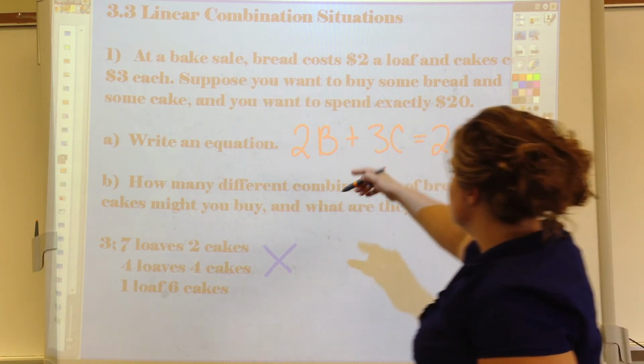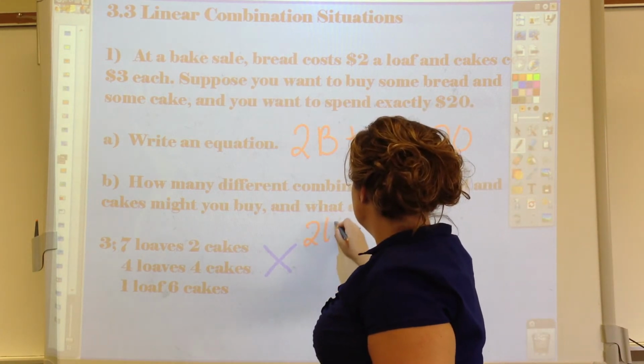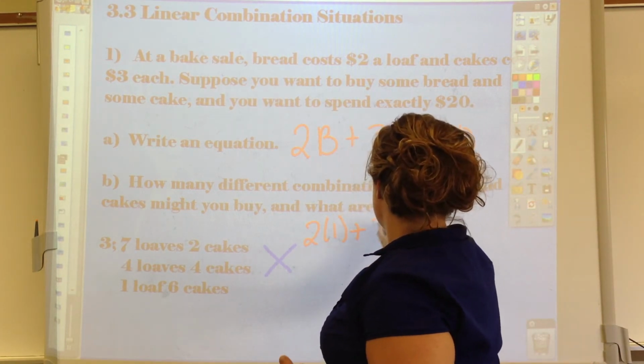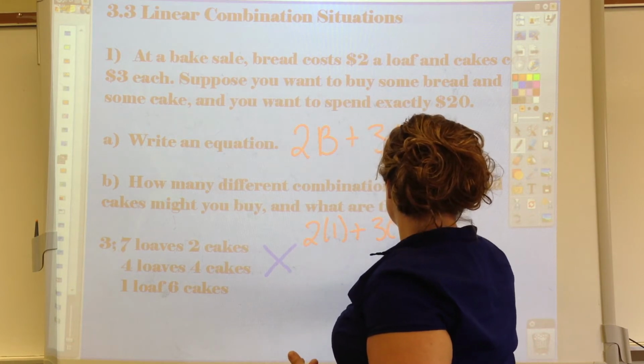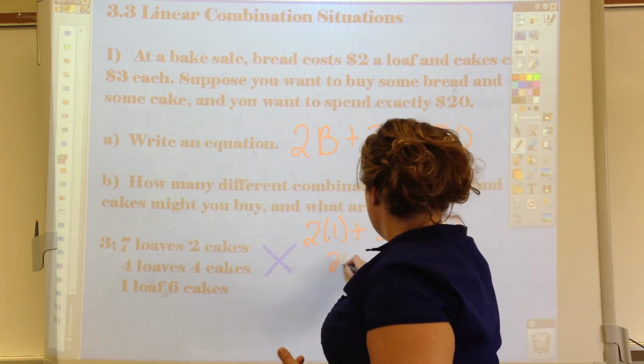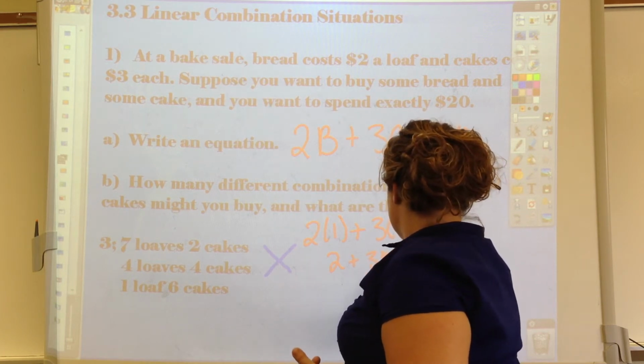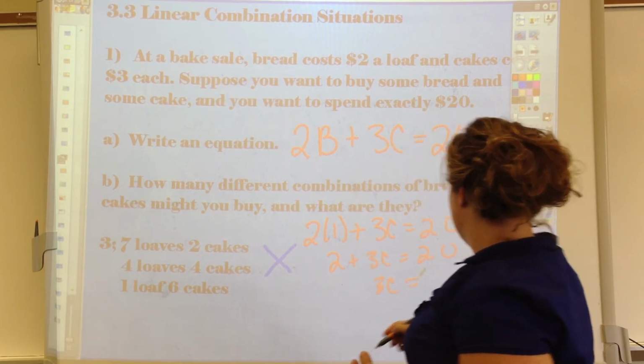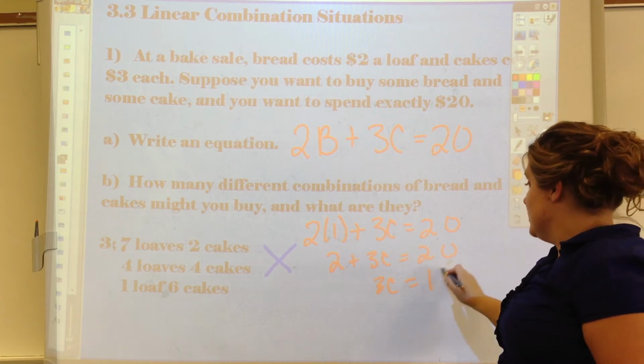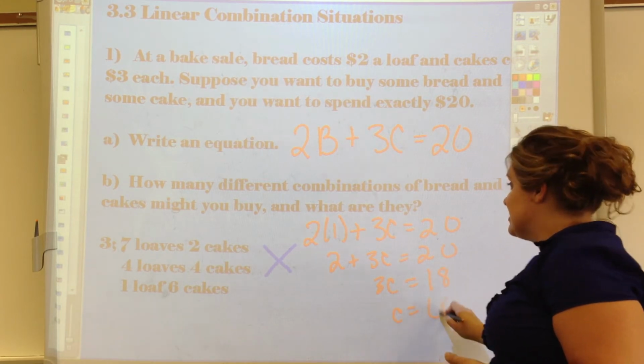We can find those by plugging in values for B and finding the corresponding value for C. Hopefully everyone was pretty comfortable with that. For example, in this first one, when you plug in 1 for bread, you end up with 6 cakes.